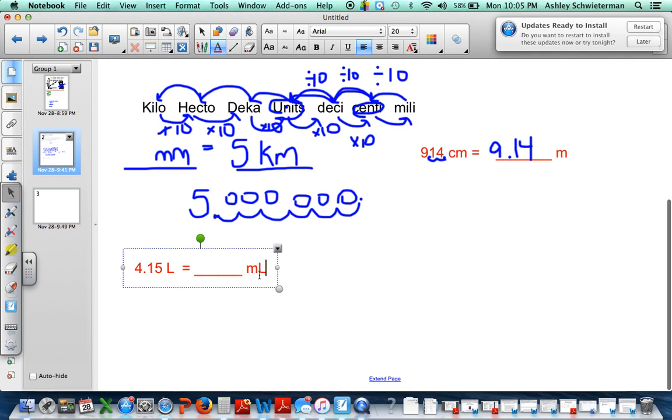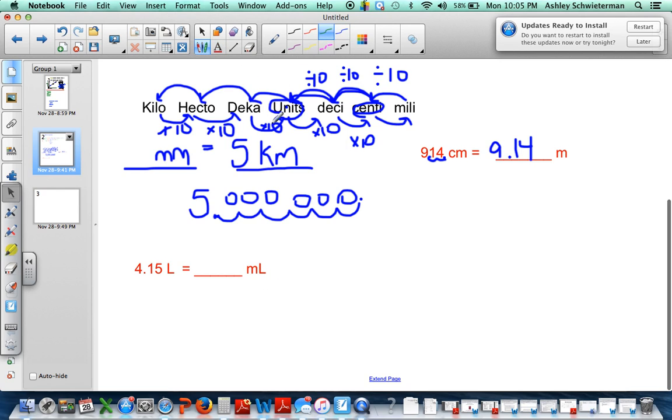The unit is the capital L, so I know it's liters. So I start at liters, so here I am. And I am going from liters to milliliters, so I'm going this way. 1, 2, 3.